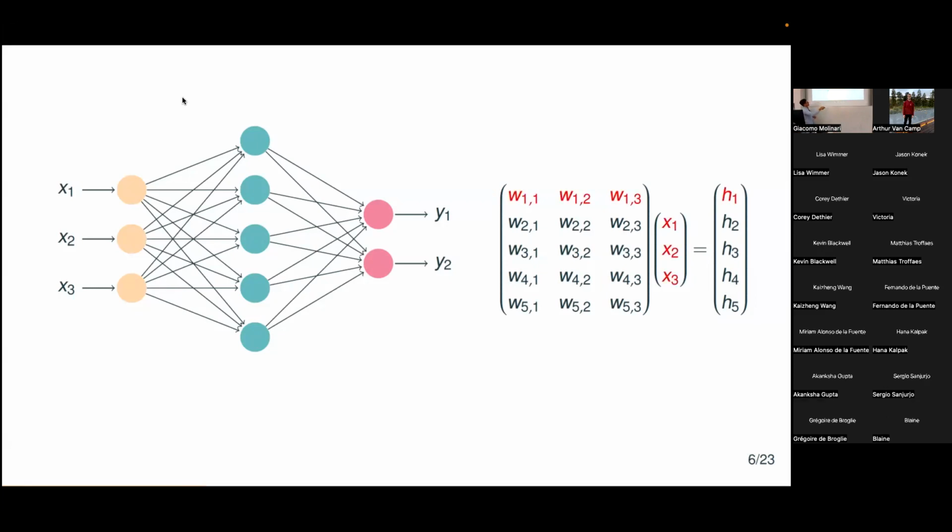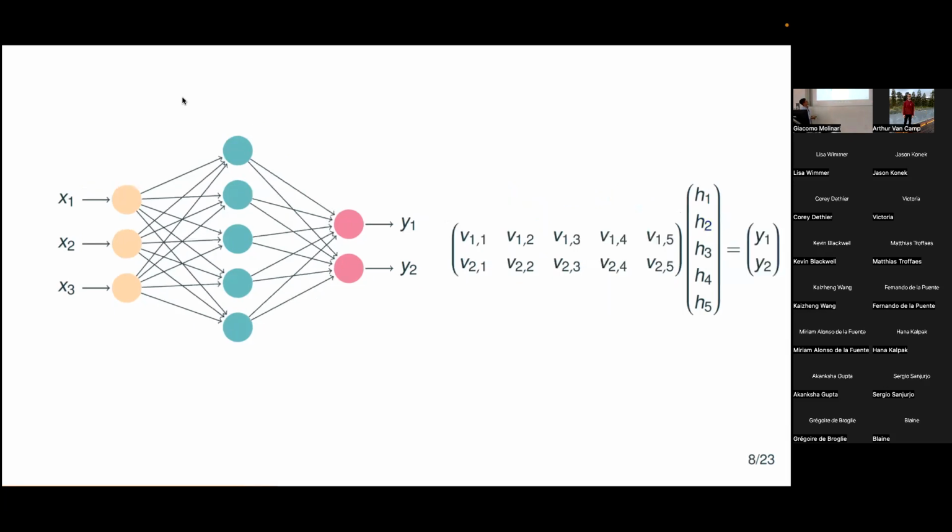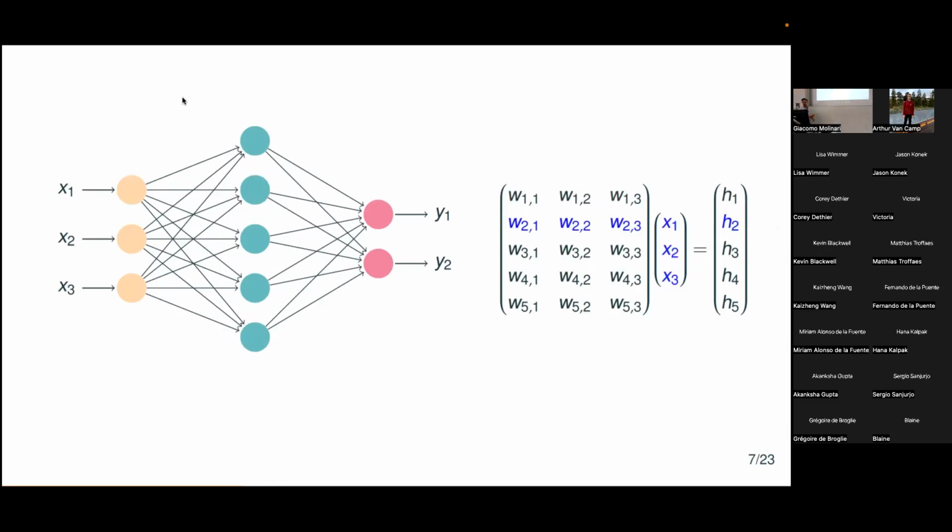And to get the value of the first one, we're just taking the input values, and then we have our 3 weights here, and we're just doing matrix multiplication. So that gives us the value for the first node. And then we do the same thing for the second node. We have weights connecting the 3 input layers to here, and continue on. That gives us all the hidden variable values.